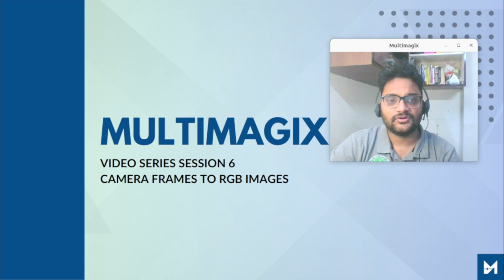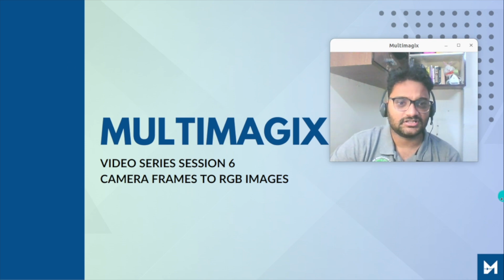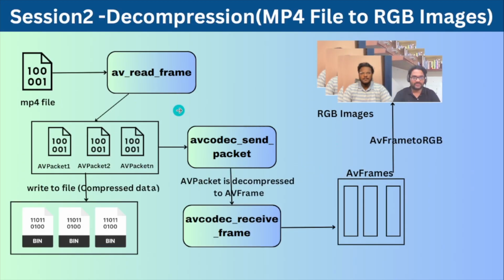Okay, so before diving into this session, let's quickly recap what we have done in the video series so far. We started with how to convert an MP4 file to RGB images. In other words, we read the MP4 file and finally get the RGB images from that MP4 file.